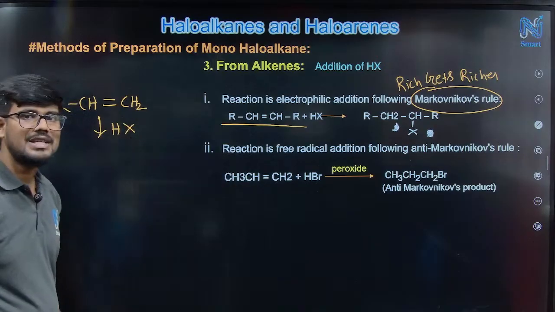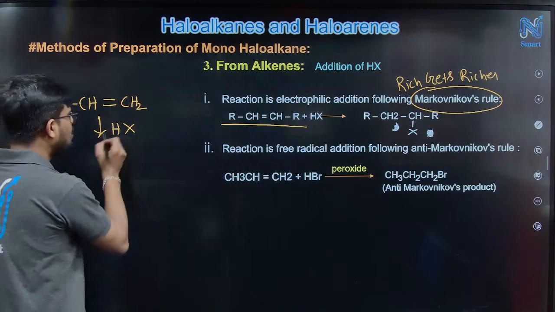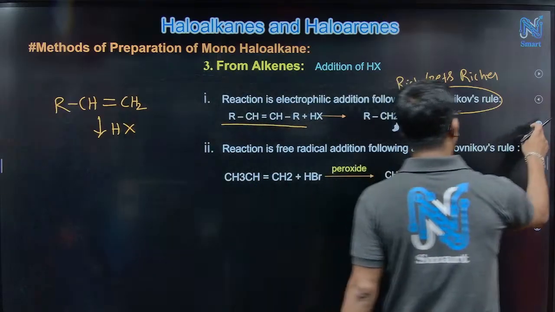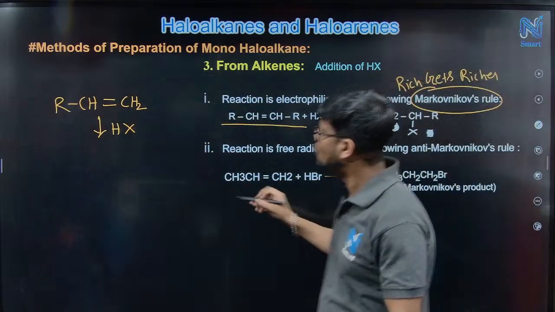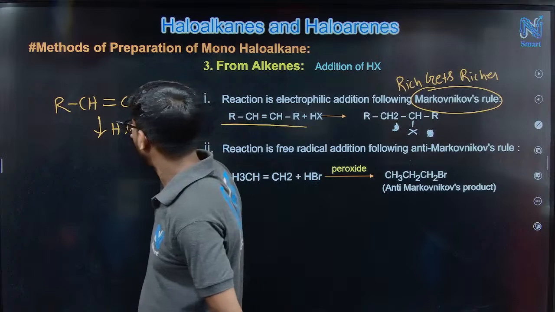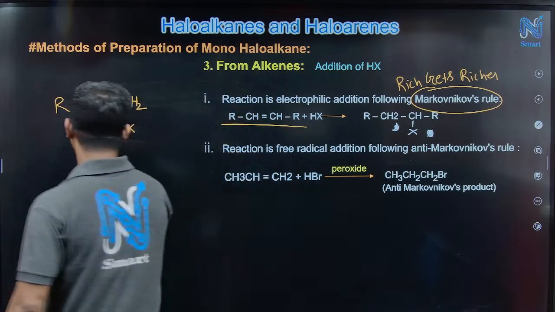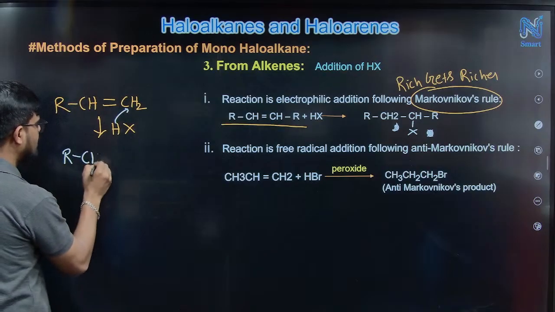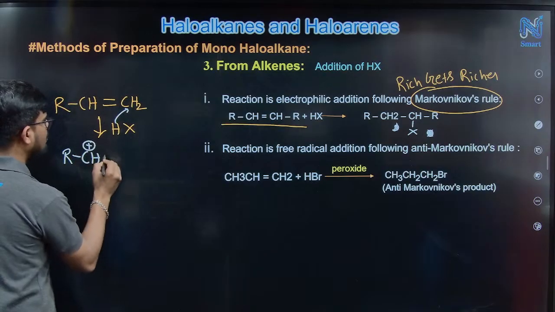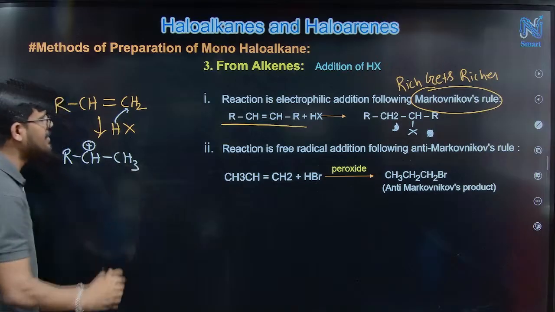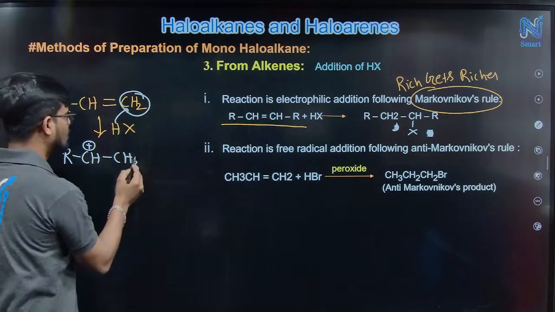how will this addition happen? This hydrogen will go towards this carbon, correct? So what product will you get here? A positive charge will be generated and you will get CH3. Now just check, here CH2 was there, now CH3.